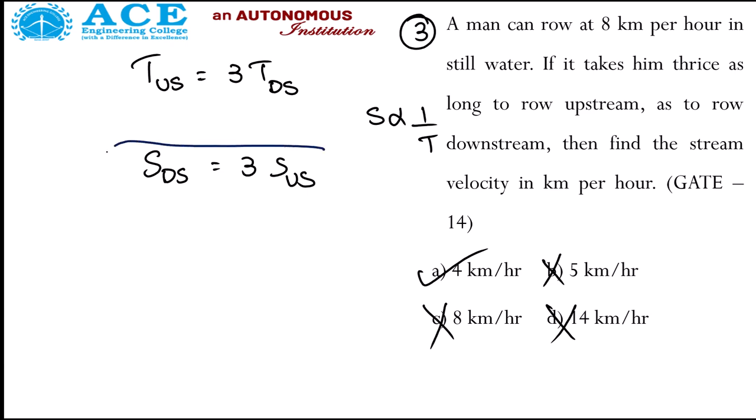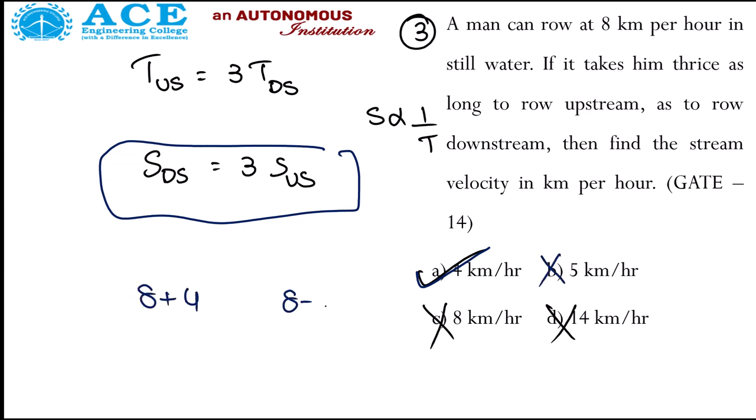Go with the options. We have only two options. Don't go for too many equations. We finally eliminated C and D because the boat speed should be more than the water speed. Among these two, which will satisfy thrice? Downstream means SB plus SS: 8 plus 4 is 12. Upstream is 8 minus 4, which is 4.